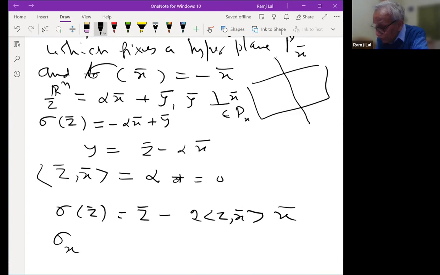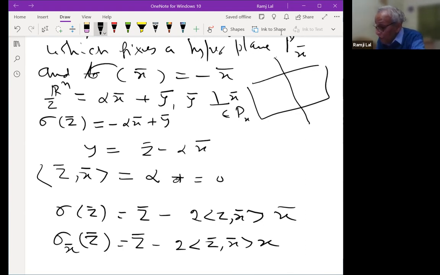It's called sigma x. Sigma x is, so for every unit vector x, you have a transformation which takes z to z bar minus 2zx x bar. Zx means the inner product. So this is a reflection determined by this x. This is a reflection about the hyperplane determined by this x.